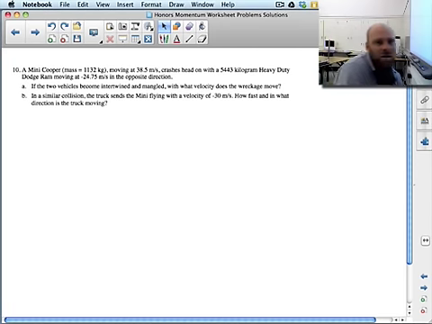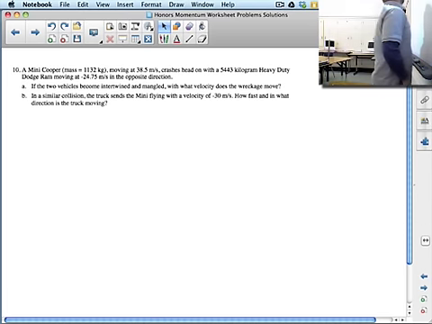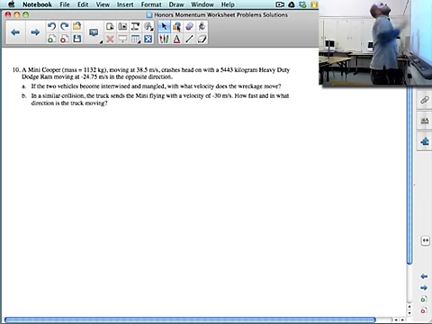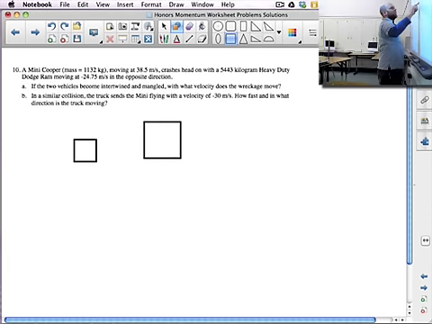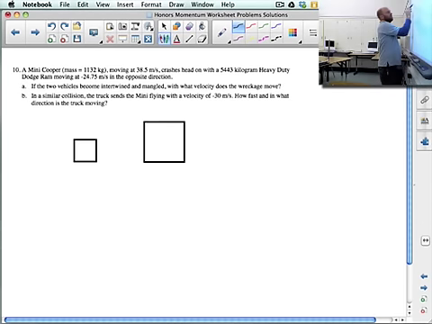So let's begin. This small box is to represent the Mini, and this box is supposed to be the Ram. I'm guessing they're moving towards each other before the collision.